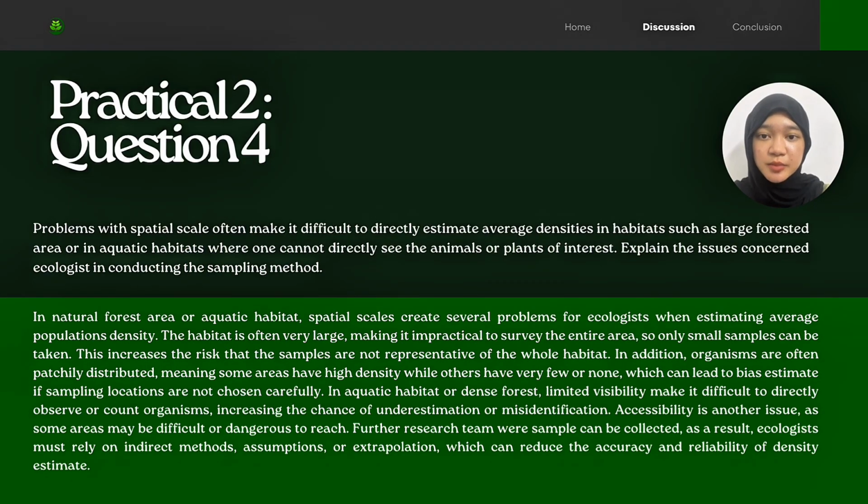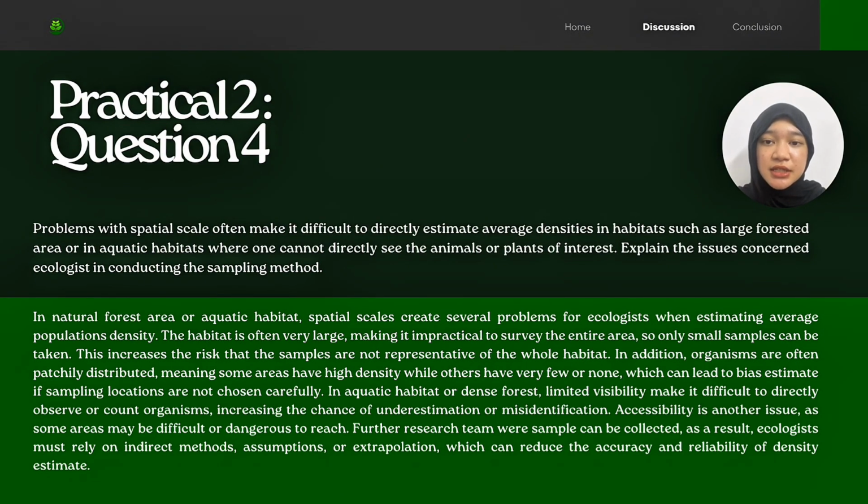Next question is: problems with spatial scale often make it difficult to directly estimate average densities in habitats such as large forested areas or in aquatic habitats where one cannot directly see the animal or plant of interest. Explain the issues that concern ecologists in conducting the sampling method.